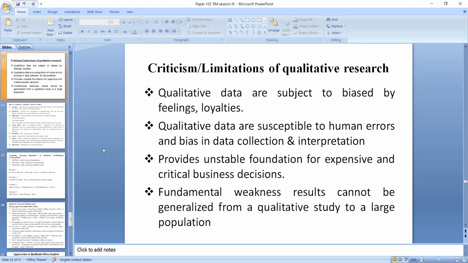So qualitative data are always subject to bias, feelings, loyalties and all that. Human errors are possible in data collection, in designing, and in interpretation. It provides an unstable foundation for expensive and critical business decisions.